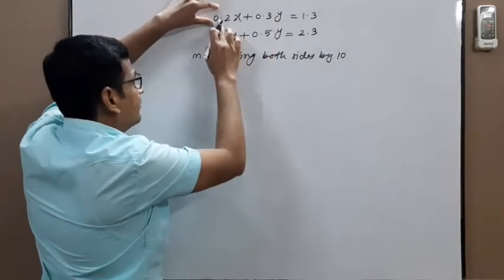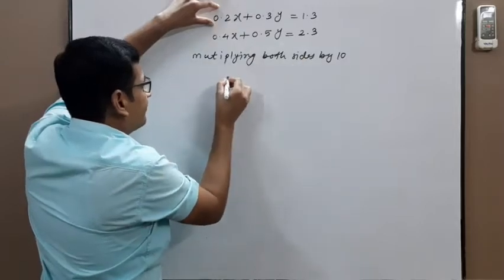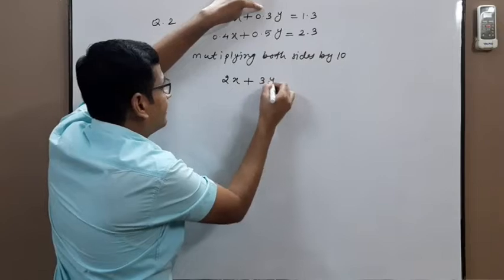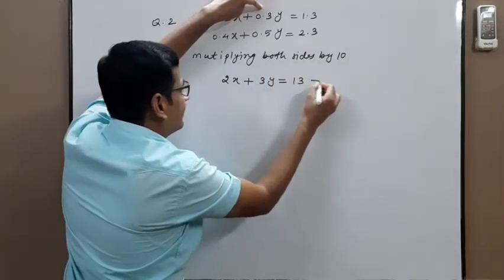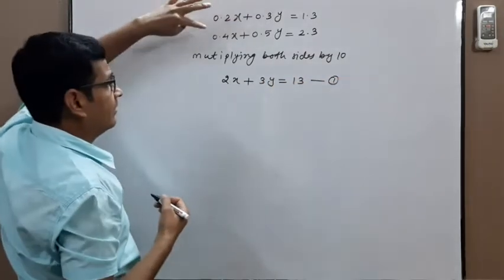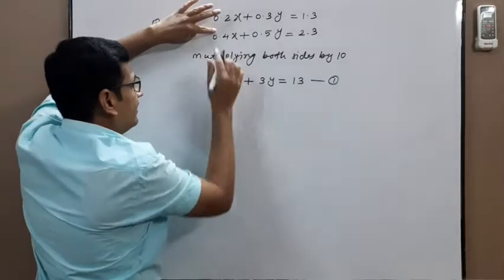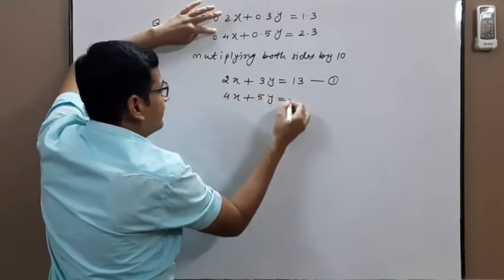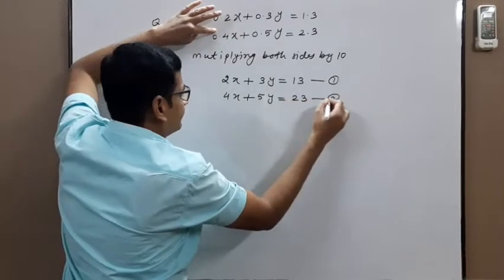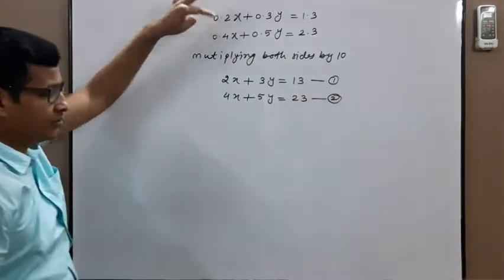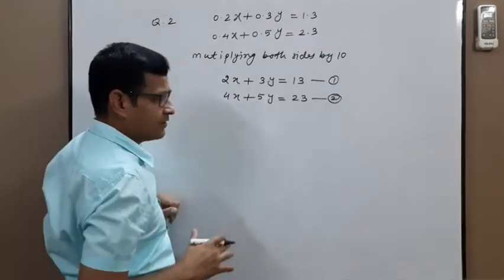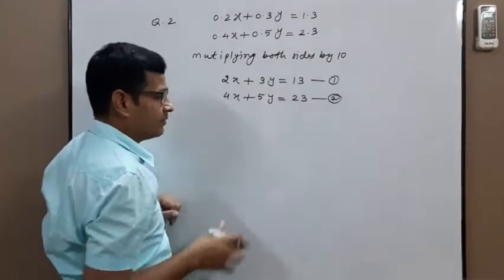First equation: 0.2 into 10, we get 2x plus 3y is equal to 13. Give it equation number 1. Now again multiply by 10, so 4x plus 5y is equal to 23. Equation number 2.